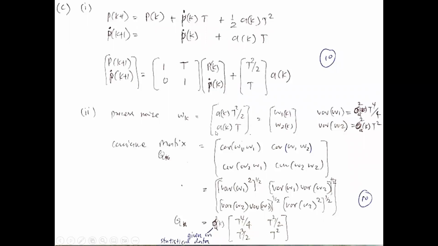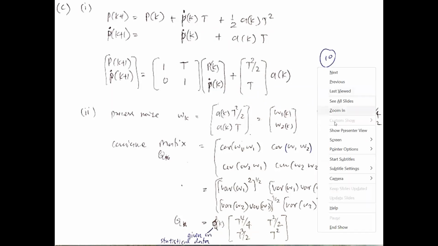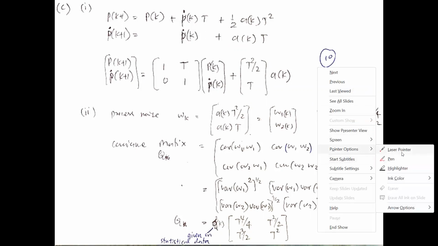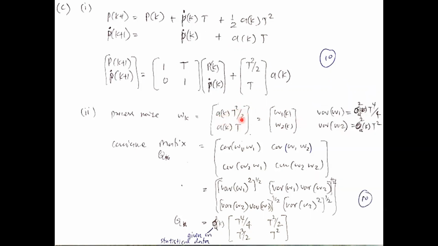Now, this AK is a random signal, but the noise part in the model is not just AK, it is AK T square by 2 for the first row, and it is just AK times capital T for the second row. So it's not just the covariance of the random gas bursts, AK, random acceleration, but there's some sort of mathematical combination here with sampling interval.